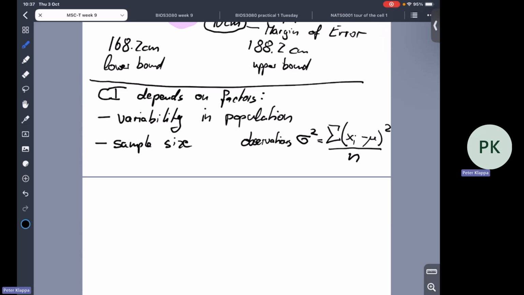We could perhaps take our observation variance and use that as a best guess for our population variance. So we use this as a guess for the population variance. Now that would be good if we could do that.